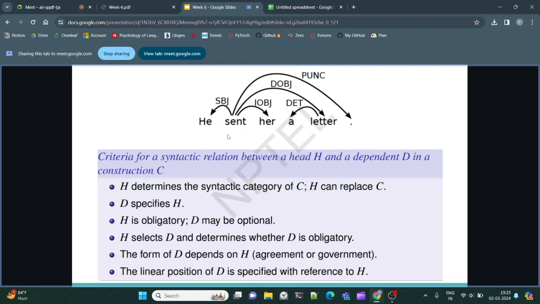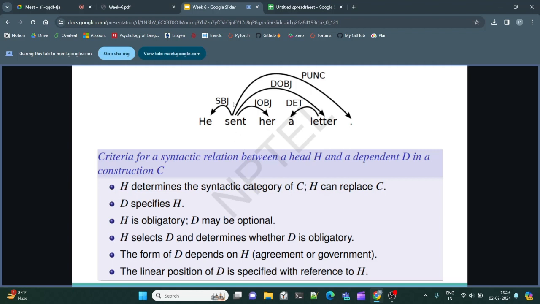In English, English follows a specific word order, which is subject, verb, object. If we have the verb here, the subject will appear on this side and the object on the other side. That needs to be maintained at all times in English.